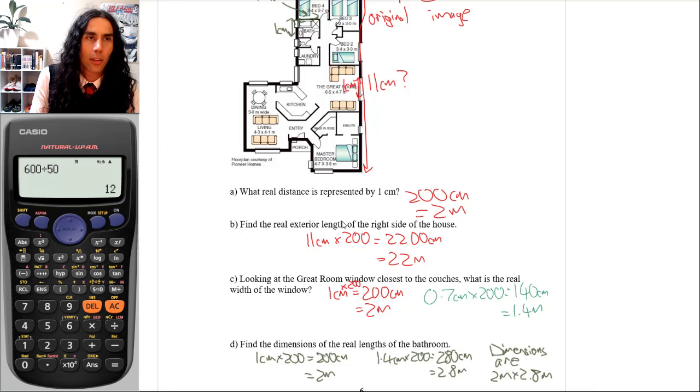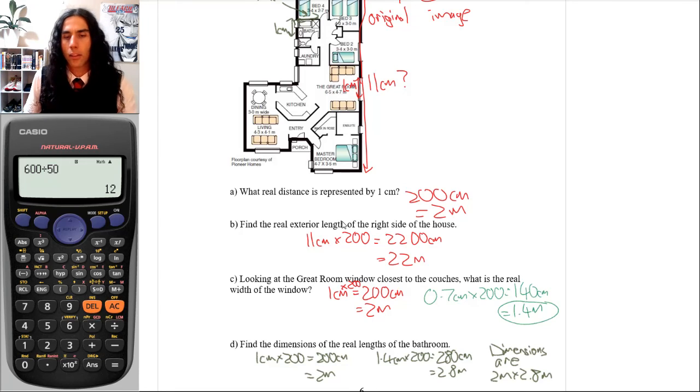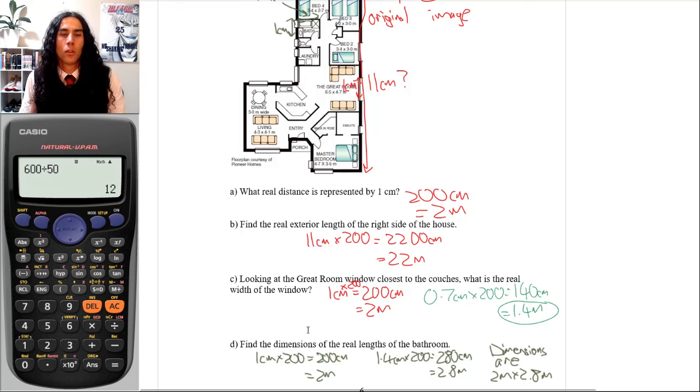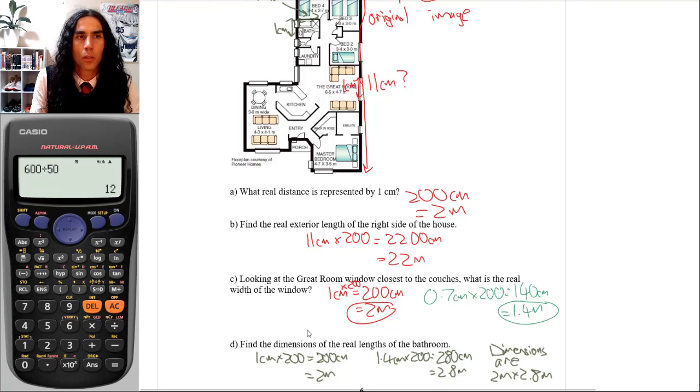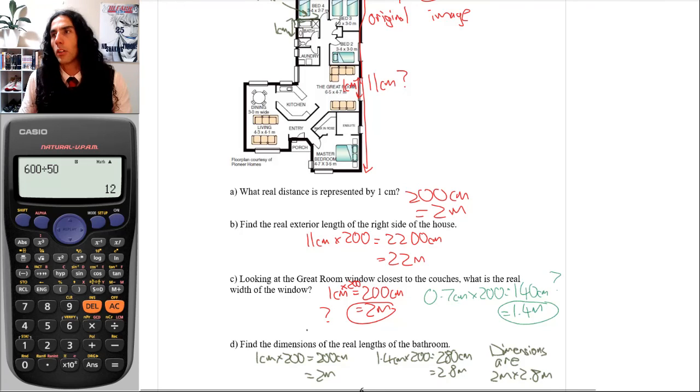Yes, and I should have made it clear. That was my answer though. Real length of the window, or maybe it's that. One of the two. Who knows? Done. Video's over. Bye-bye.